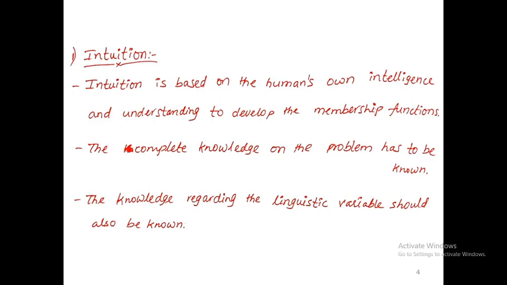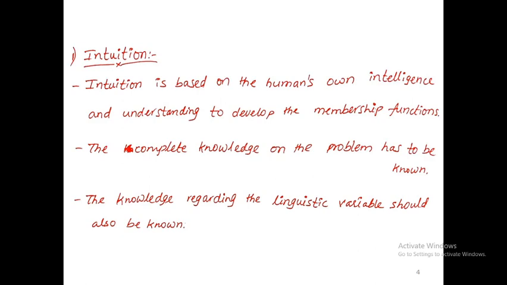So we should have complete knowledge, and then only we can frame the rules. Those rules will be given to the fuzzy logic system. The knowledge regarding the linguistic variables should also be known. That's what I've told.